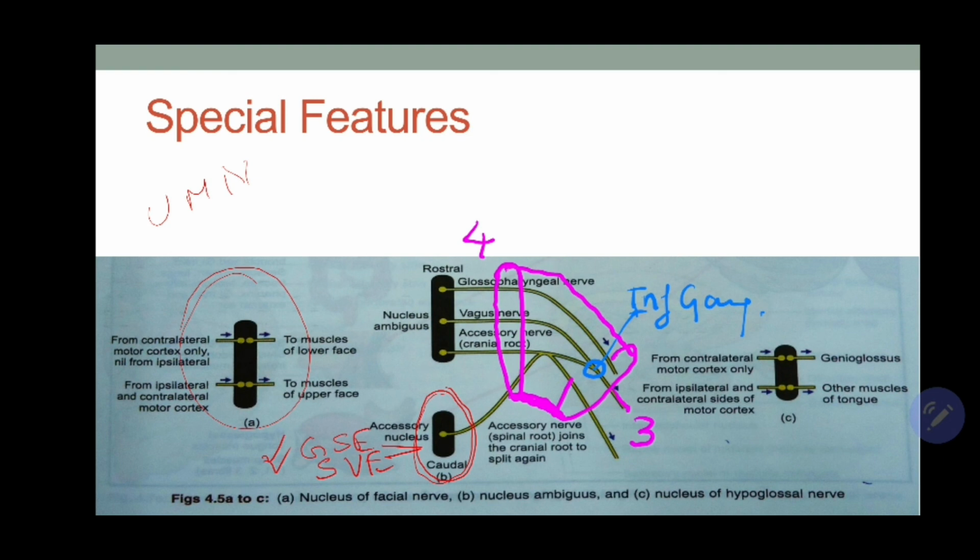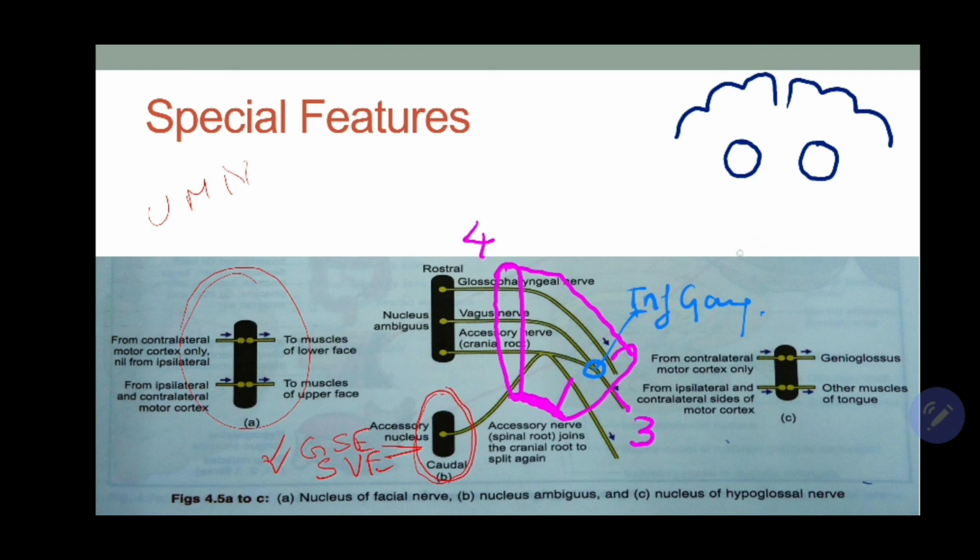Then the third in the category, which they have not mentioned here, let me draw it so you understand it in a better way. Here I'm drawing the nuclei of the spinal accessory nerve. Spinal accessory nerve, you have this cerebral cortex here, right?